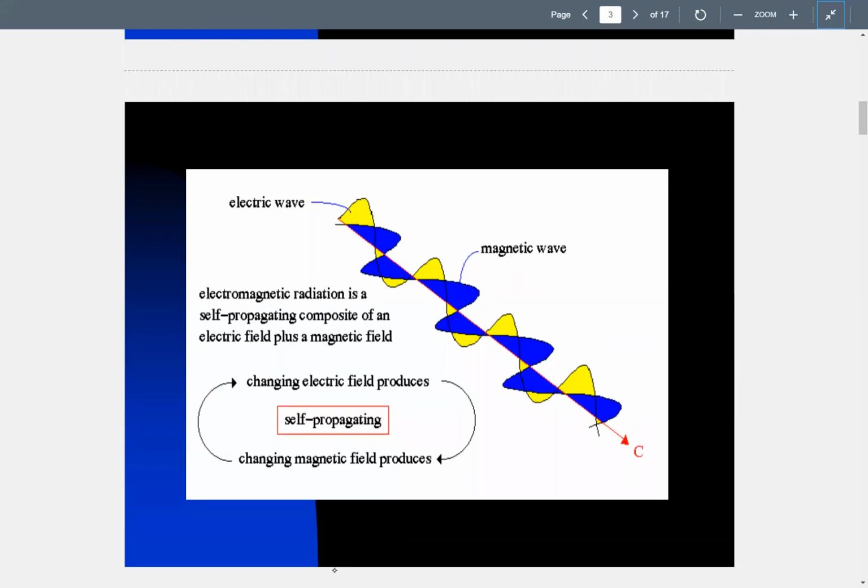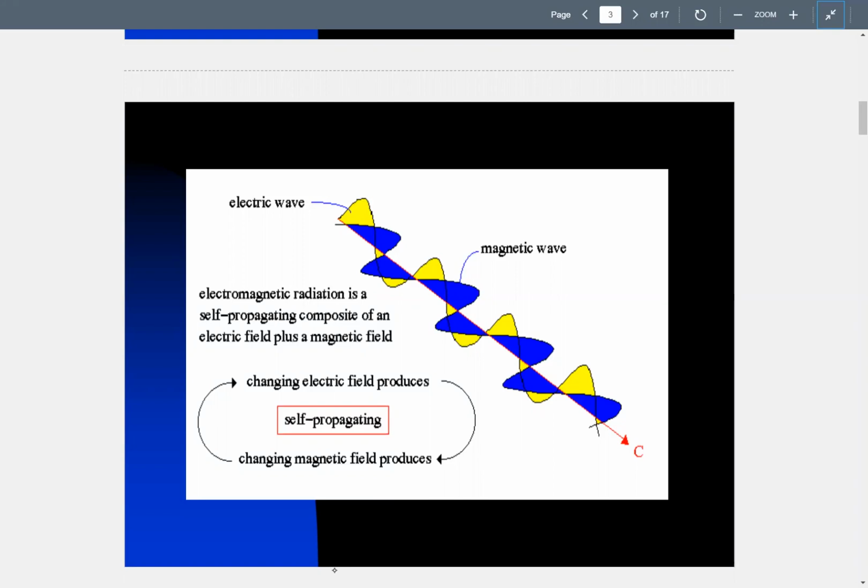And light appears to be this very interesting thing where it's an excitation in the electric field, and this excitation in the electric field causes an excitation in the magnetic field, which then causes another excitation. So it's this wave that exists in both the electric field and the magnetic field.